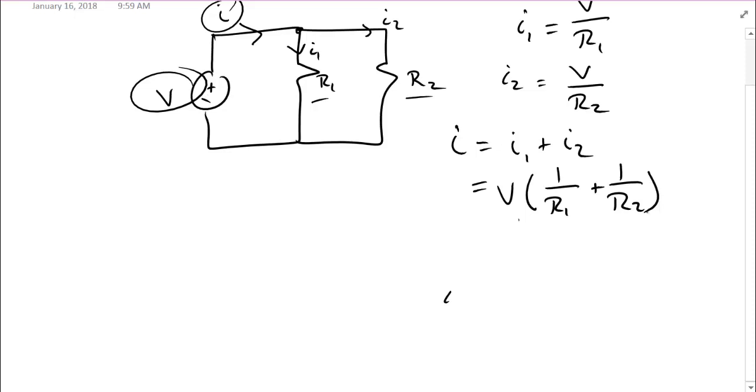Now, if you recall, Ohm's law says V equals IR, but we're really looking for this R, which we used to call R equivalent.